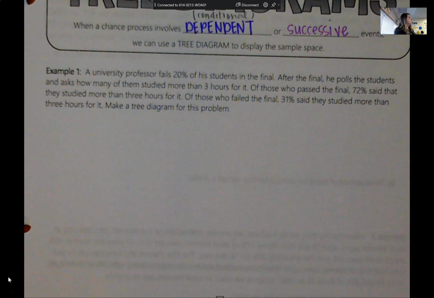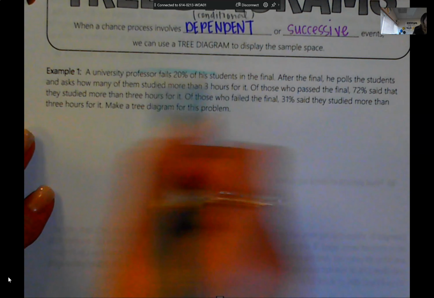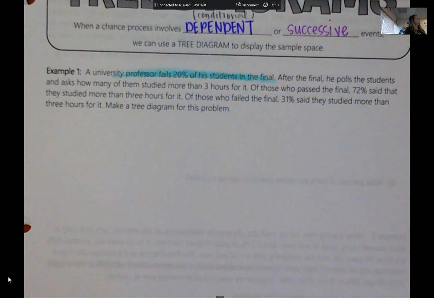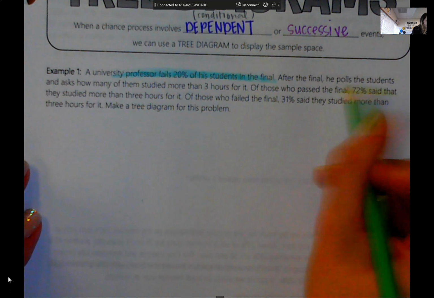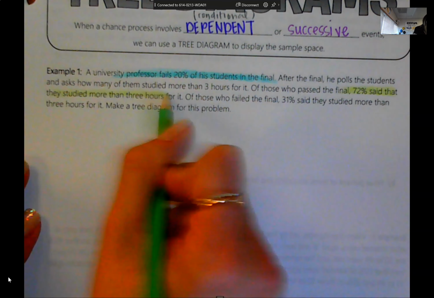So we're going to start with this university professor that fails 20% of his students. So this professor fails 20% of his students. After the final, he polls his students and asks how many of them studied more than 3 hours for the final. So of those that passed, 72% said that they studied more than 3 hours.